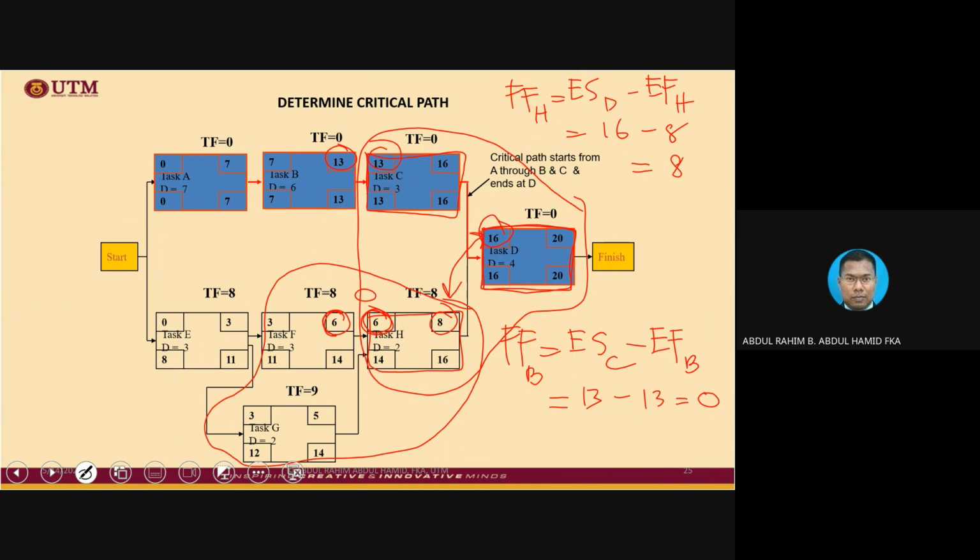Okay, how about between G and H? You notice this value. You can compare between these values, then you know free float for G is equivalent to 1, because there is a gap in between the finishing of G and the starting of H by 1 day. So G can be delayed.